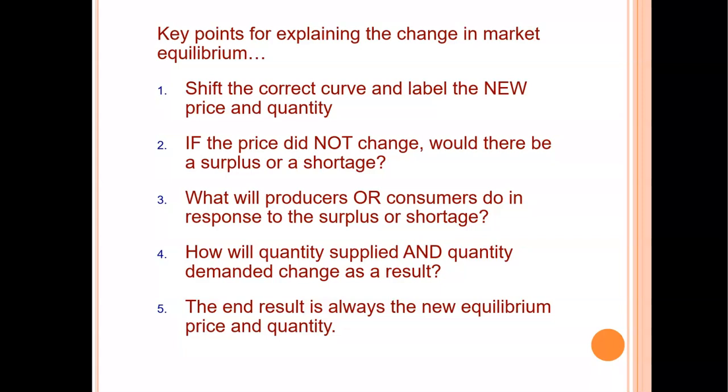If there's a surplus, producers will choose to drop their prices. If there's a shortage, consumers will choose to bid up the price. Okay, that will result in a change in quantity supplied and quantity demanded. What will happen? And the end result's always the same, a new equilibrium price and quantity. So it's pretty formulaic. That's how you explain how market forces return the market to market equilibrium.